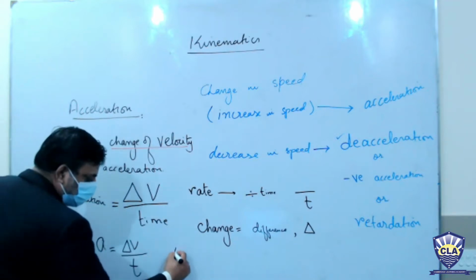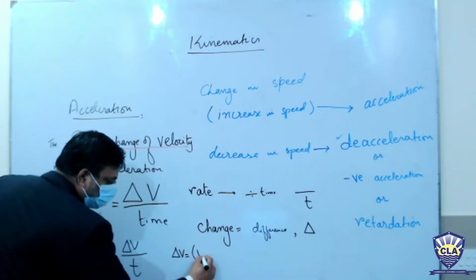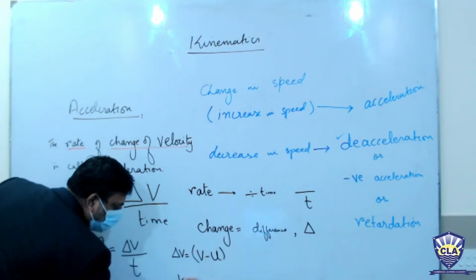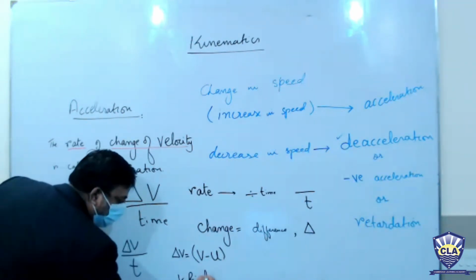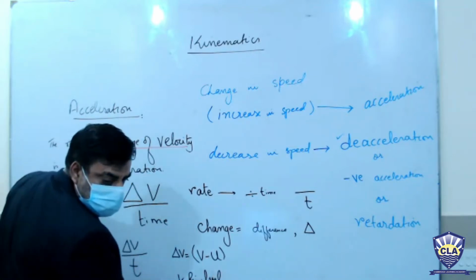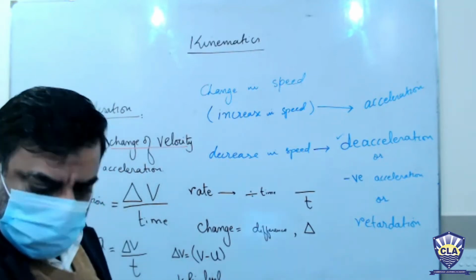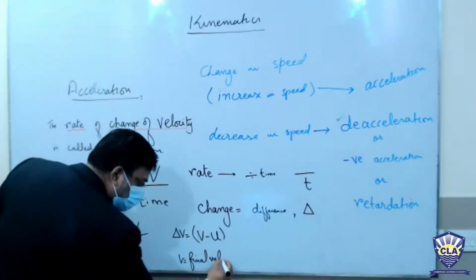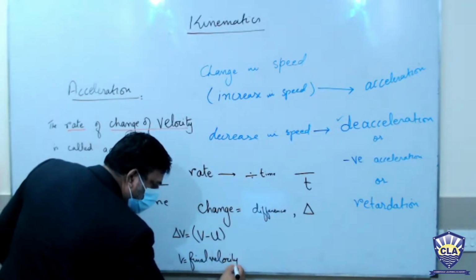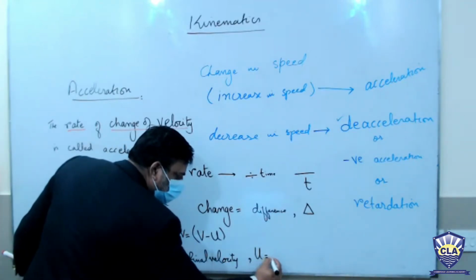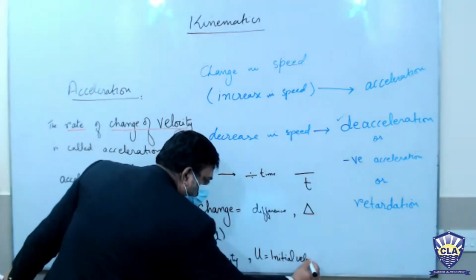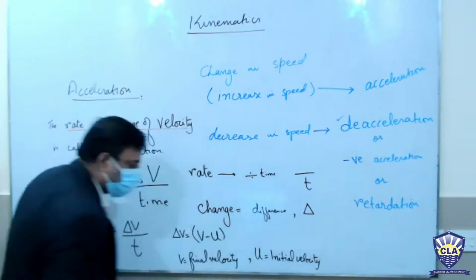Delta V means final velocity minus initial velocity. V is final velocity and u is initial velocity.